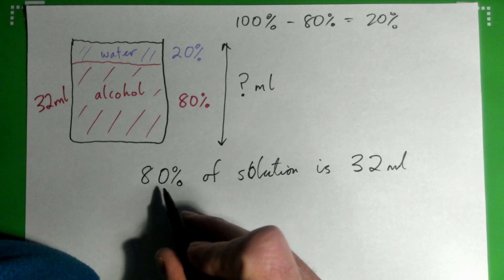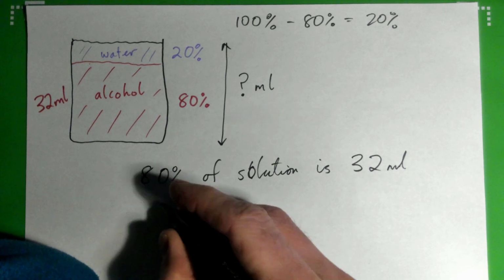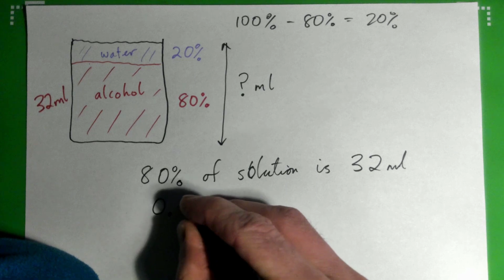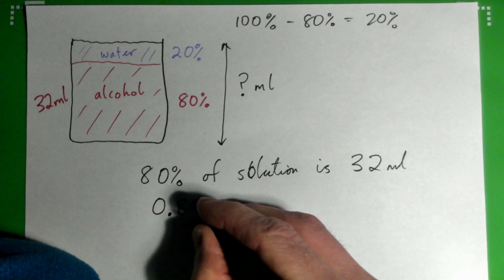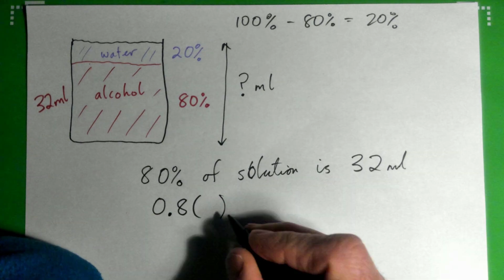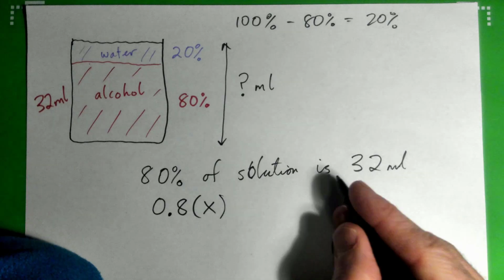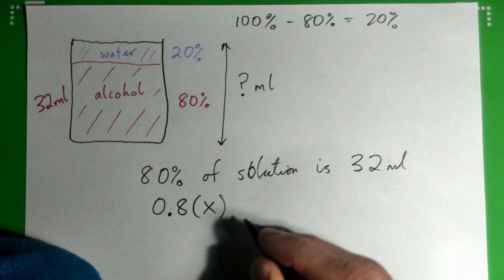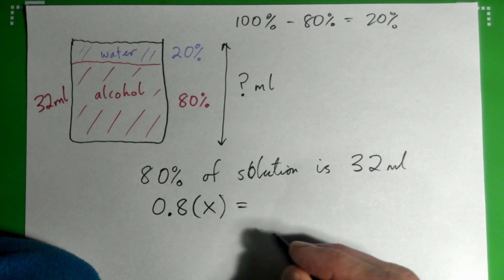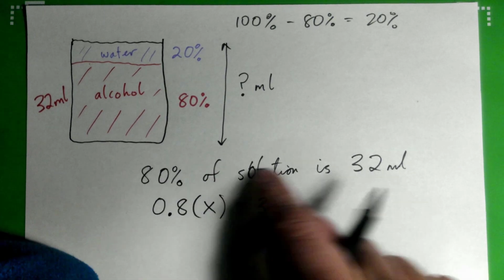Right. 80% is 32. Good. So 80%, turn that into a decimal, 0.8, right? Of means multiply. You can use S if you like, or X or Y or whatever. I'll just use X for fun. It doesn't matter what letter you use. What's the math for is? Equals 32, right? So that's turning the sentence into an equation.